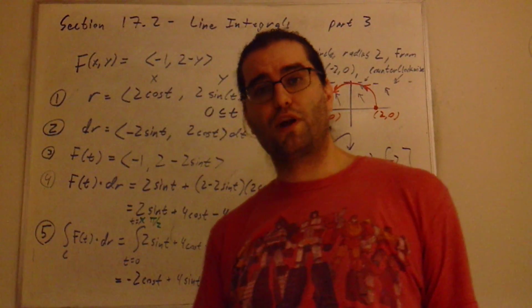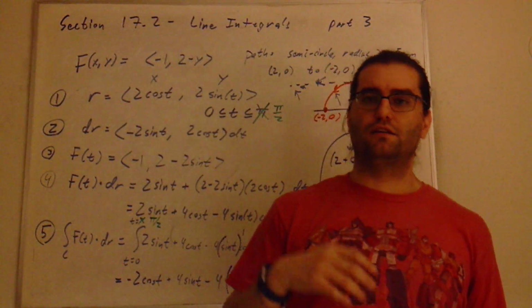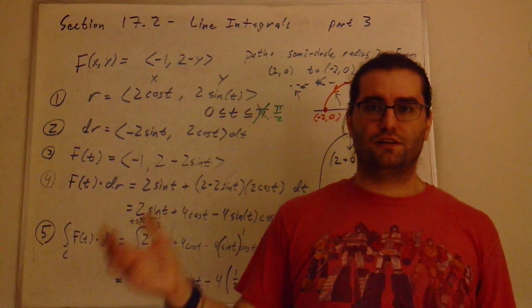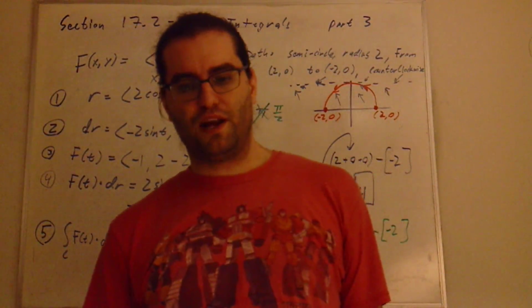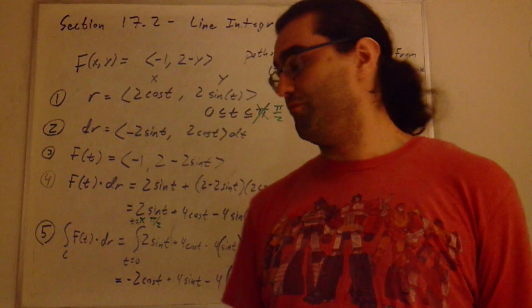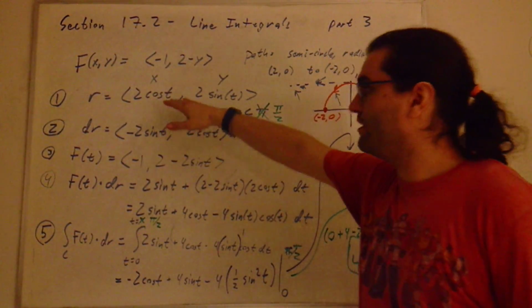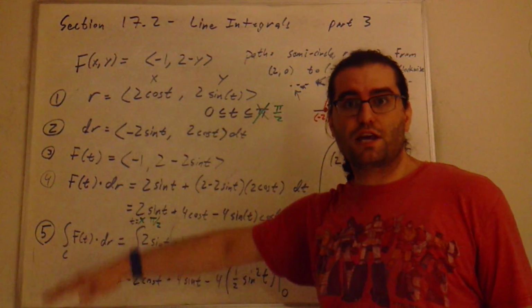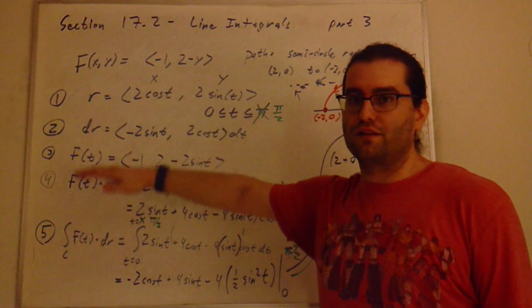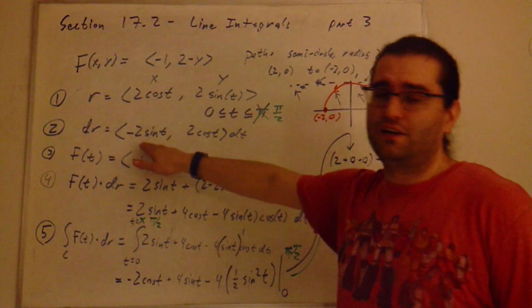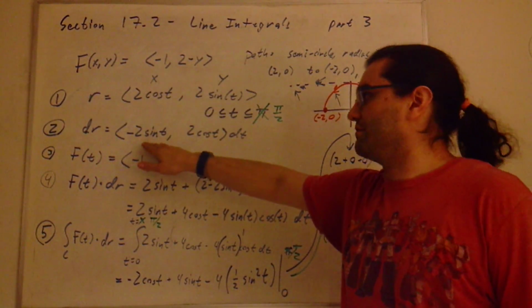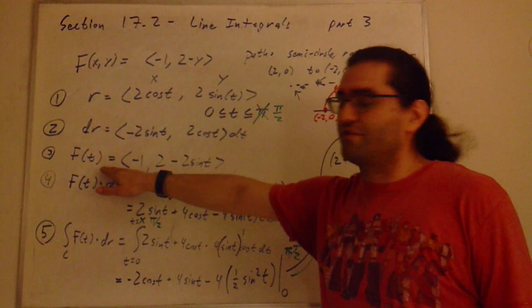If you need more practice on that stuff, let me know. I can link those videos, I can make those homework assignments available so you can practice on those a little bit. Once you've parameterized the curve, there's 4 other steps, but all of them are very straightforward, and they're all things that you've done in calculus 100 times before. You take a derivative, you know how to take a derivative. This is effortless. You substitute your variables.